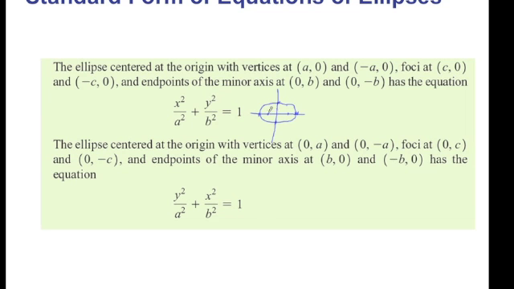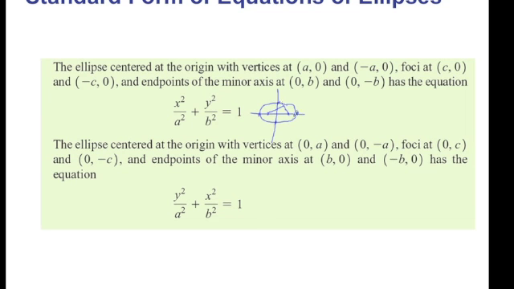If you wanted to draw one of these, you would get the focus points and get a string, tack it to those focus points, and then take your pencil point and put it inside those so you could draw and keep this string the same distance. So any point on the ellipse has the same total distance to the two foci.